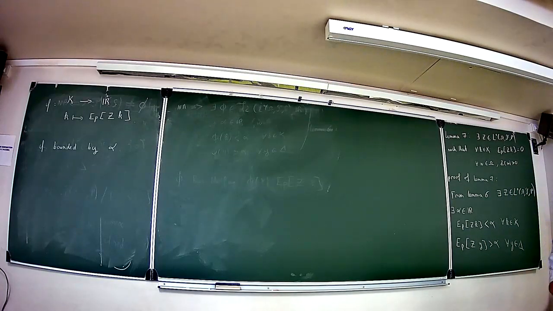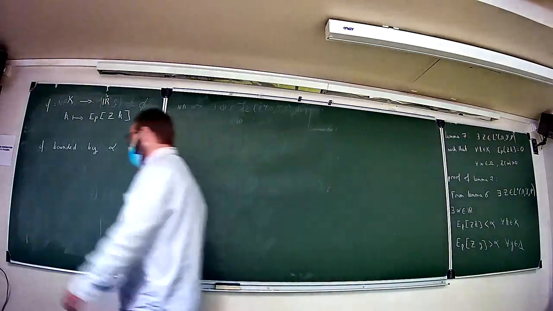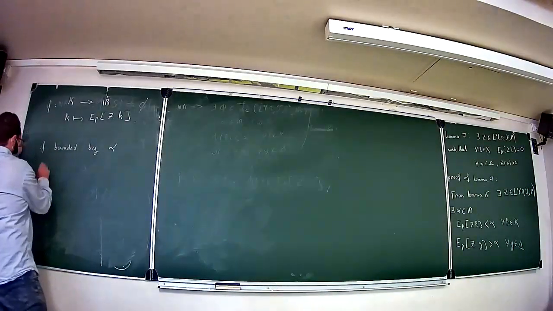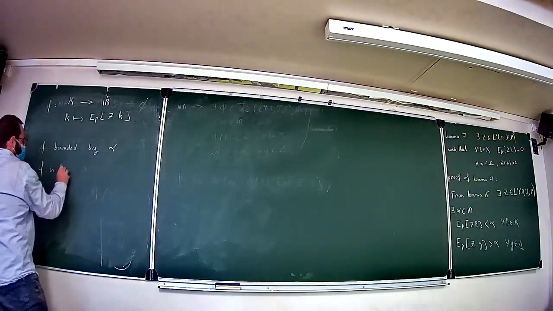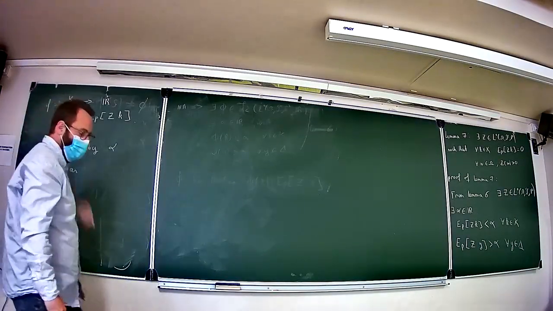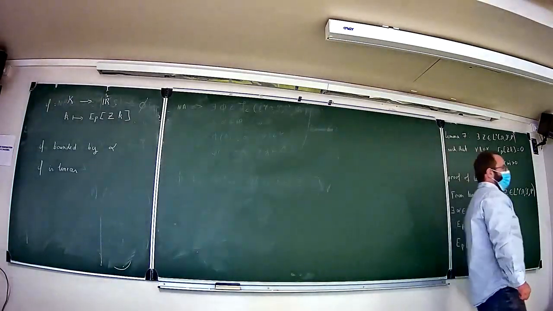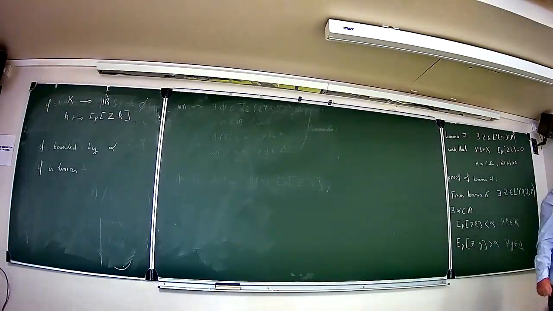Yeah, I have something that is linear, using the linearity of the expectation simply. Phi is linear and defined on the vector space calligraphic K. So what can you say about a mapping that is linear and bounded?